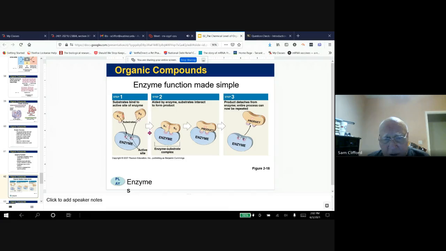So the enzyme lowers the amount of energy needed to put these two substrates together. And in building proteins, each one of these would be an amino acid. They are positioned and arranged so that the reaction can occur, and that product will be produced by dehydration synthesis.